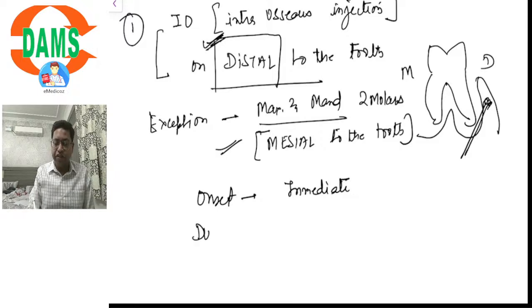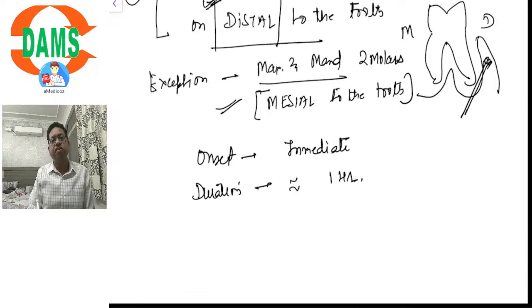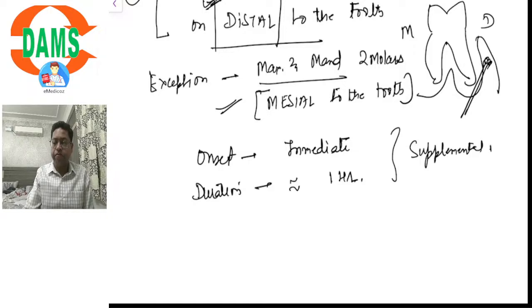And the duration, when it is given as a supplemental injection and not the primary injection, is nearly 1 hour.